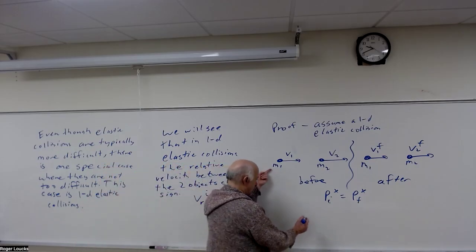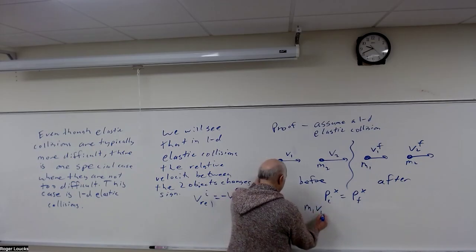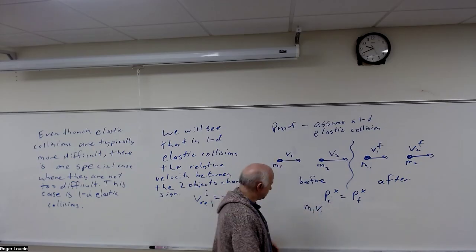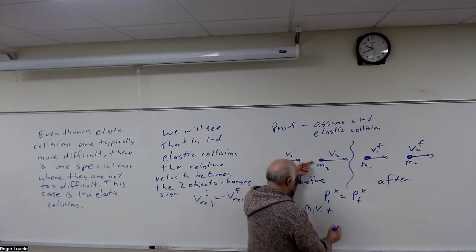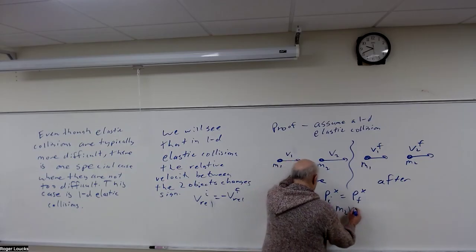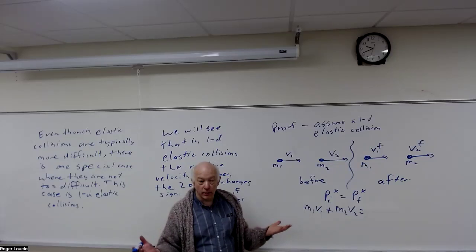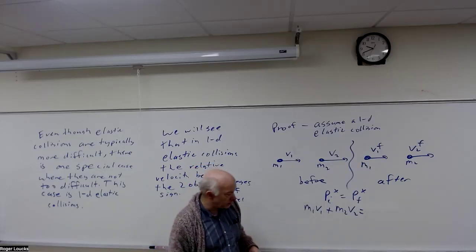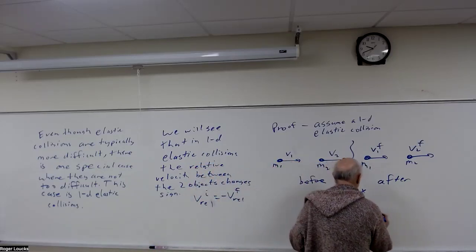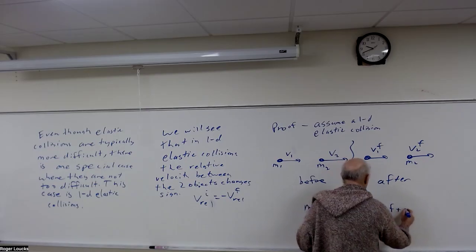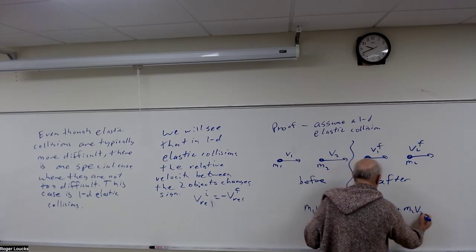I have this one, M1, V1 initial, which I'm just writing as V1. And then this one here, M2, V2 initial, which I'm just writing as V2. Then the final linear momentum is what? It's the same thing on this side. So this is M1 V1 final plus M2 V2 final.